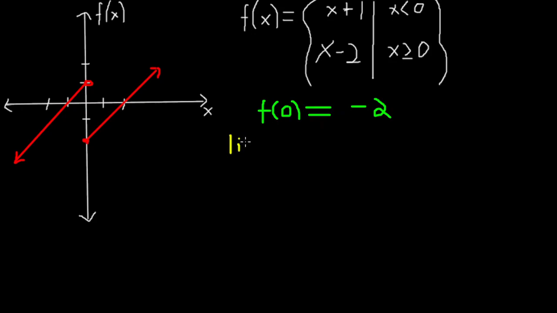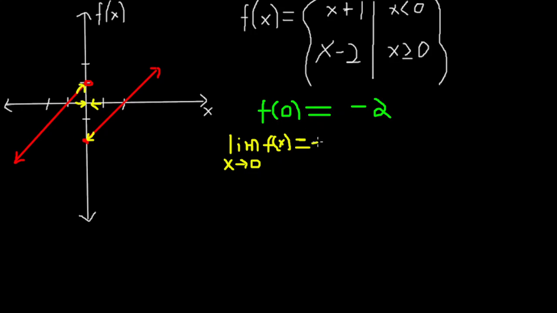But what about if you look at the limit of f of x as x approaches 0? Now, what does that mean? Let's look at it over here. So let's say x is approaching 0, right? But f of x isn't approaching anything. It's approaching negative 2 down there, but it's also approaching 1.